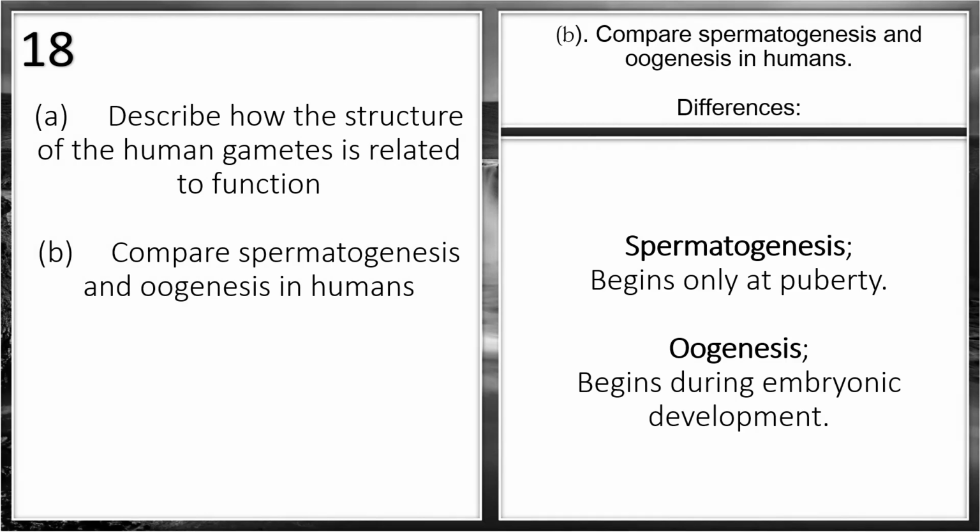Spermatogenesis begins only at puberty, whereas oogenesis begins during embryonic development. So oogenesis takes place when the embryo is being formed, but spermatogenesis will take place when the individual reaches the stage of puberty.